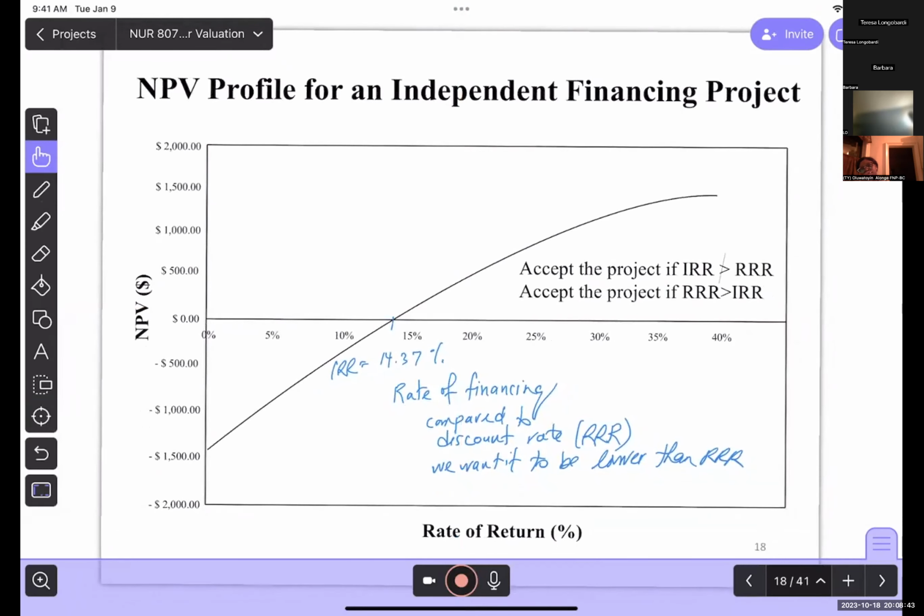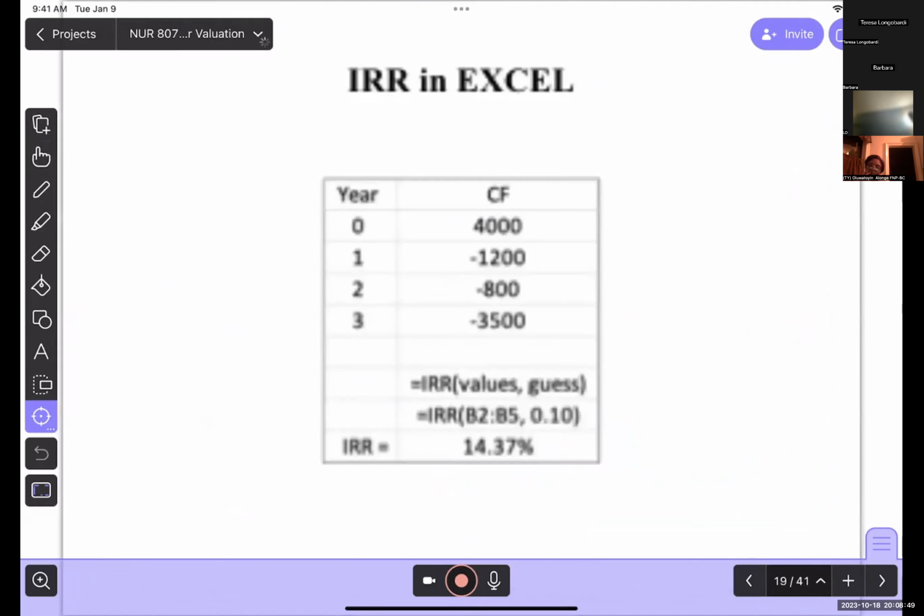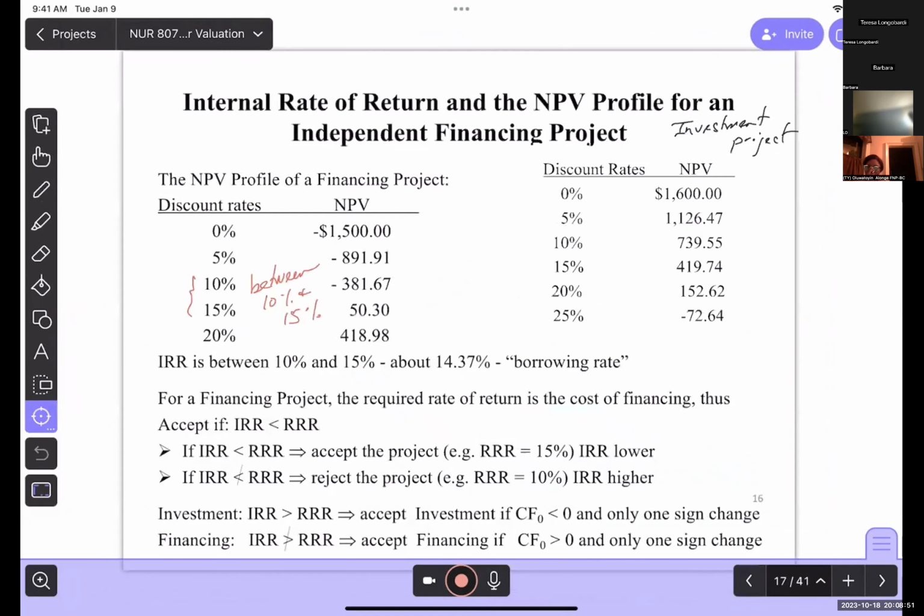All right, so that's the internal rate of return for investment projects and financing projects. And I have a summary statement here. If it's an investment project, and the internal rate of return exceeds what's required, you accept the investment, as long as it's an investment project where the first cash flow is negative, only one sign change.